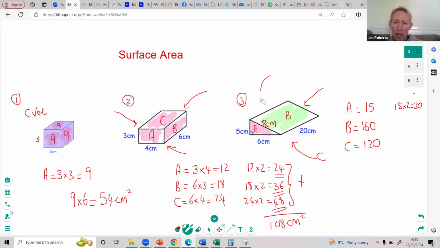And then we want this side rectangle again. You can't really see, but it's got a height of 5 and it's got a base of 20. We call that D. 20 times 5 gives you 100. So let's just check that. Our triangular prism, you've got 3 rectangles and then 2 triangles at each end.